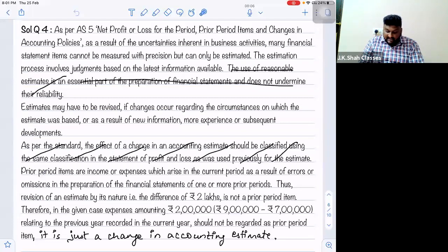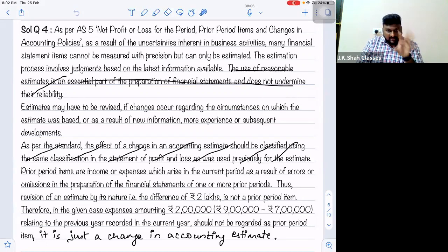Prior period items are incomes or expenses which arise in the current period as a result of errors or omissions in the preparation of financial statements of one or more prior periods. So technically I have defined prior period items also. So 3 things I have given. First, accounting estimate. Second, changes or revision in accounting estimates. Third, prior period item. Prior period item I have defined because in the question they are asking me whether this 2 lakh is a prior period item or not.